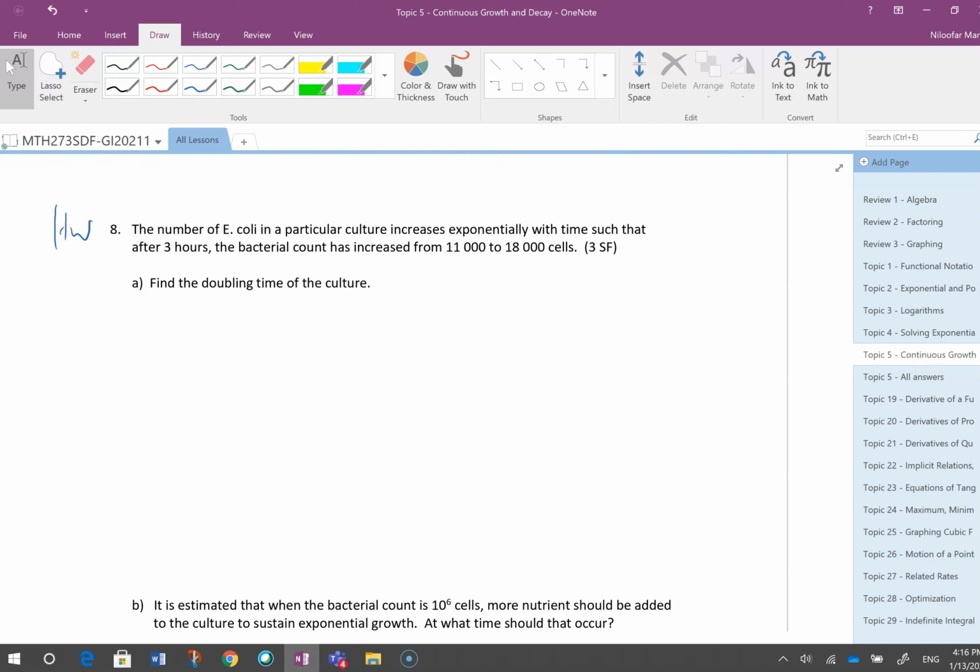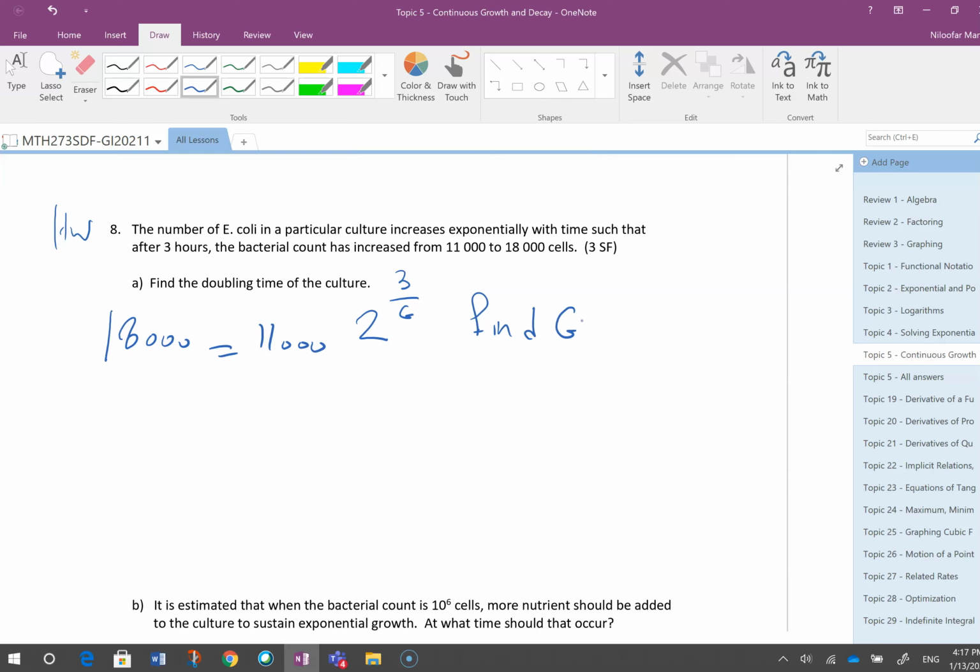So this is growth exponentially with the time. For example, in 3 hours it goes from 11,000 to 80,000. So 80,000 is here, 11,000 is here. e power or 2 power? Read the question. Find the doubling period. So I need 2 power. 2 power 3 over g. Find g.